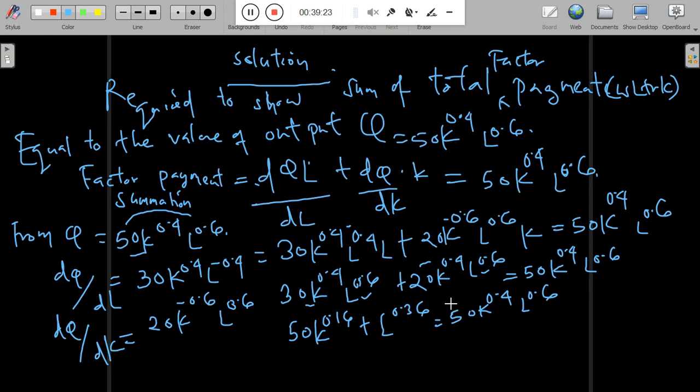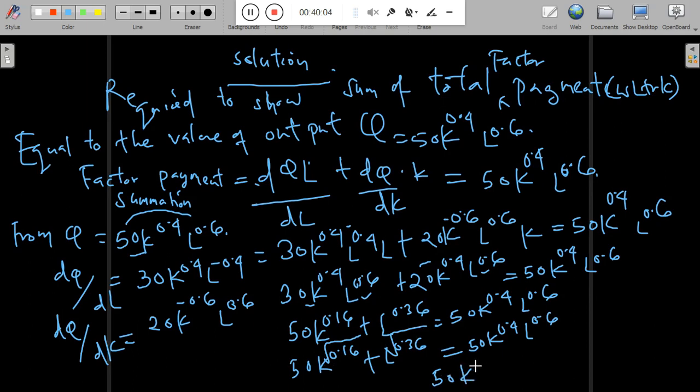So when we collect the like terms from those values and add, it obtains something like this. In order to obtain the actual value, we need to put a radical on the exponential factors of 0.16 and 0.36. So when you put in the radical, the answer will be equal to 50K raised to the power of 0.4 times L raised to the power of 0.6.